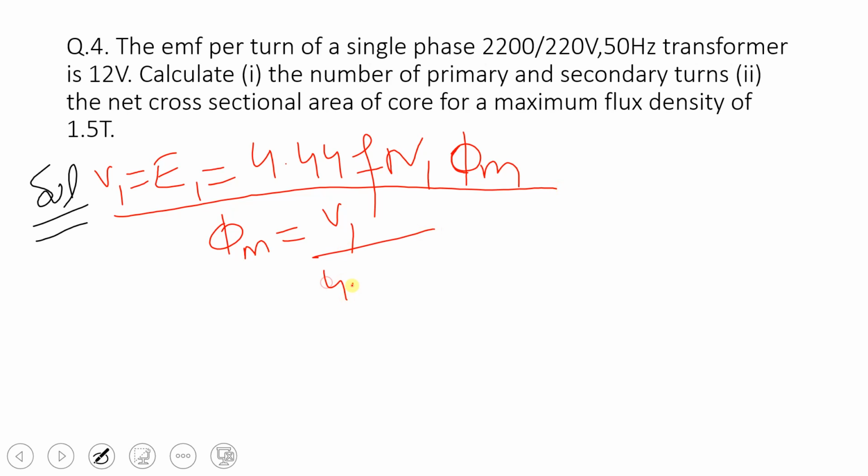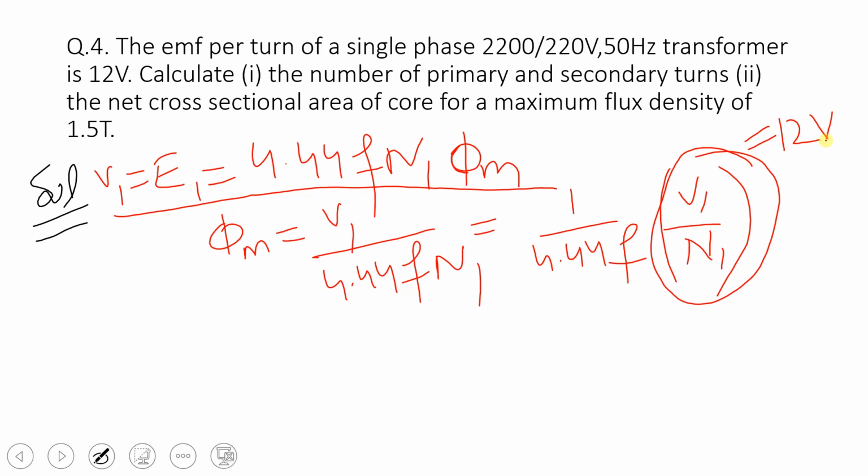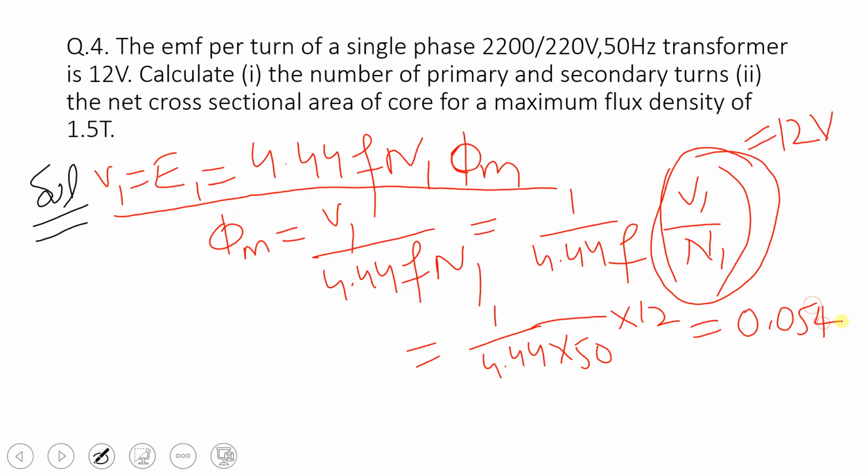It can be written as 1 upon 4.44 f into V1 upon N1, and we know this is equal to 12 volt, so we can write 1 upon 4.44 into 50 into 12. When we solve this, we will get 0.054 Weber.